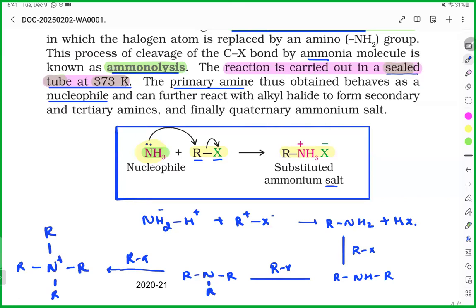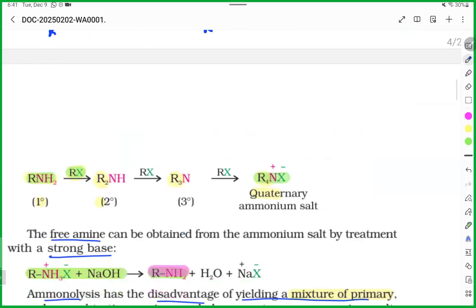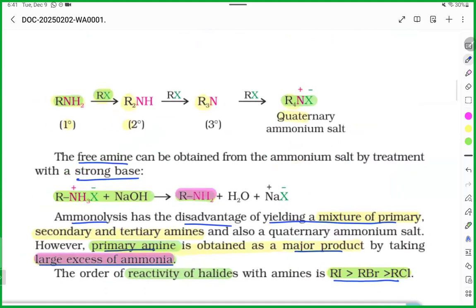Any doubt? No, sir. So that's the reason why we are forming multiple products, because it is happening in the closed tube. So you have already a lot of RX.